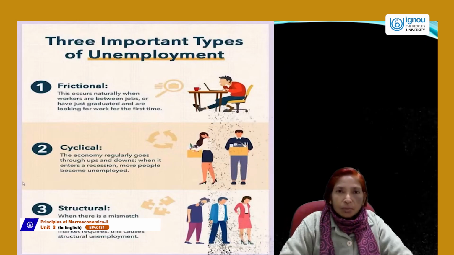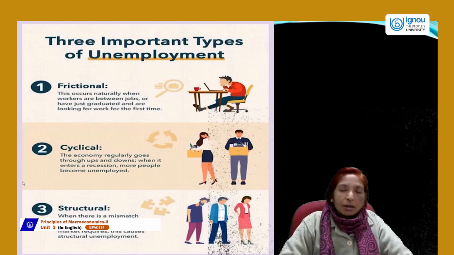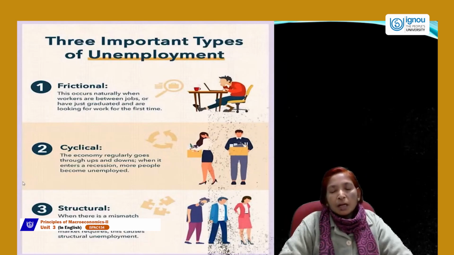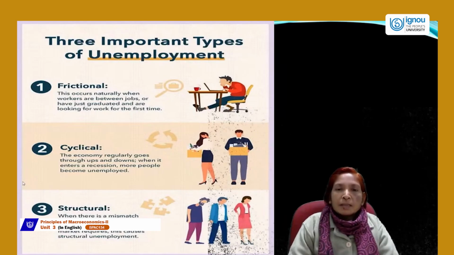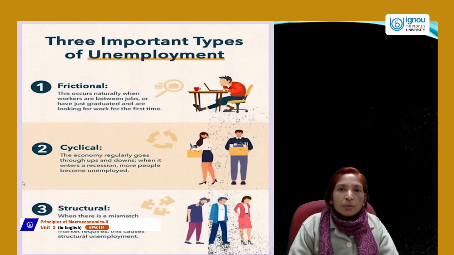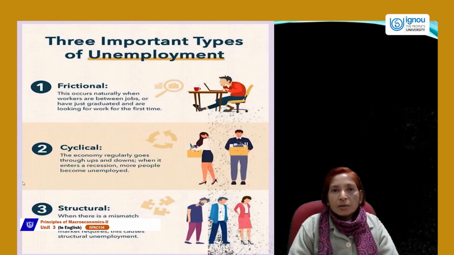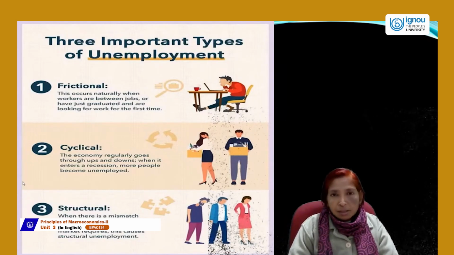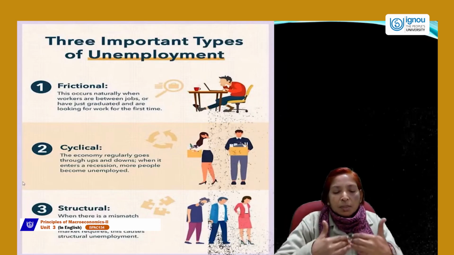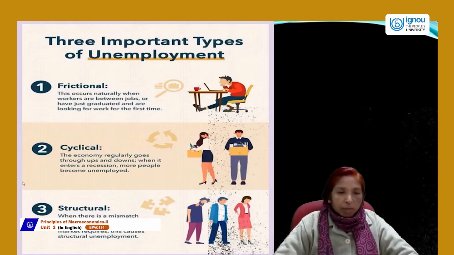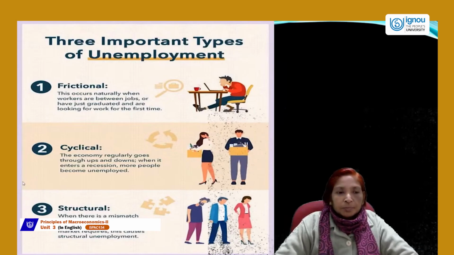So in case of boom, people will be employed, and in case of recession or depression, people will be unemployed. So this type of unemployment mainly occurs due to business cycles or various stages of business, which occur due to time or due to some fluctuation in the economy.